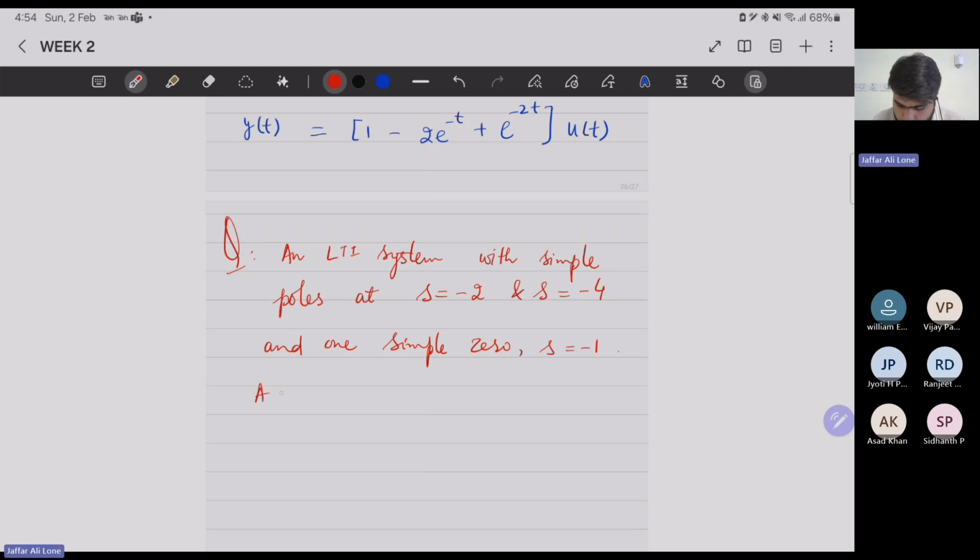And then a unit step is applied as the input of the system. This is clear.